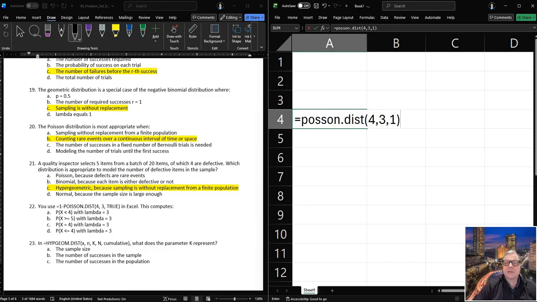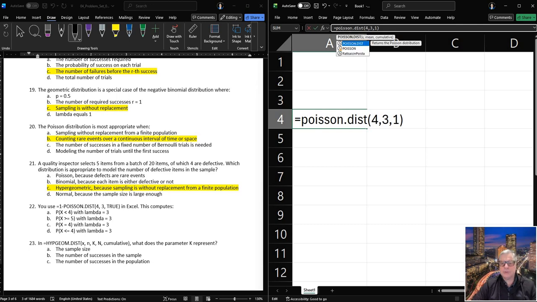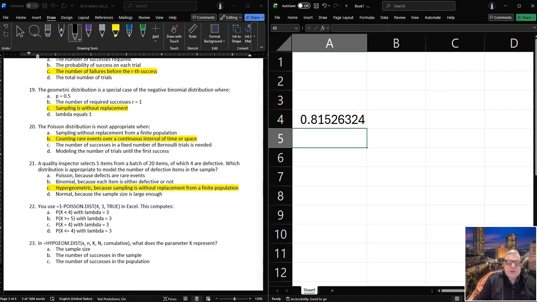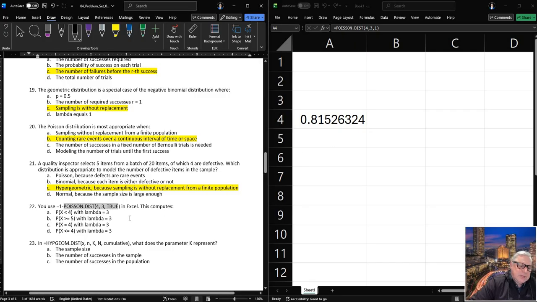Now there's obviously a typo. Okay, so this is the probability that we either get no event, 1 event, 2 events, 3 events, or 4 events. So the remaining roughly 18% or so must be the probability that you get 5 or more events. So B is correct.